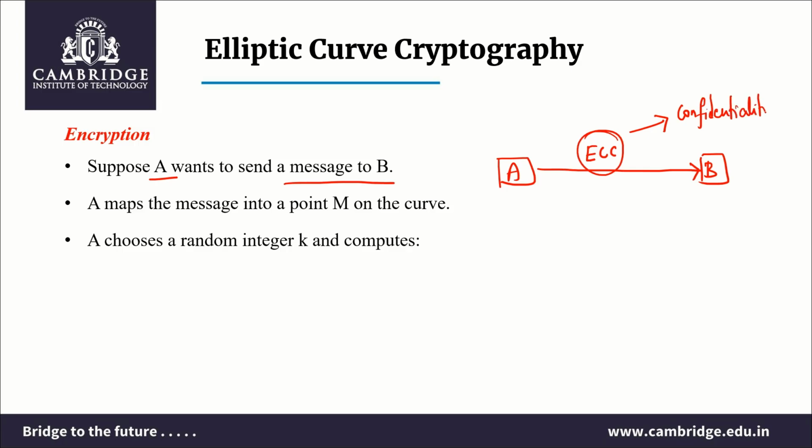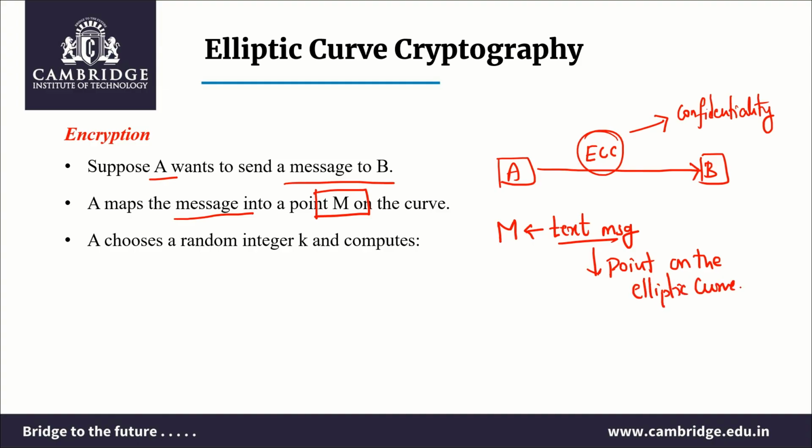So what A does is, A takes a message and encodes that message into a point M on the curve. This message, which may be a text message, is converted into a point on the elliptic curve.